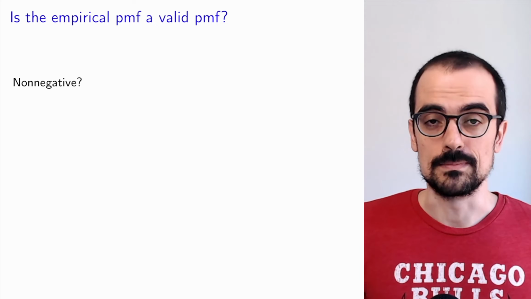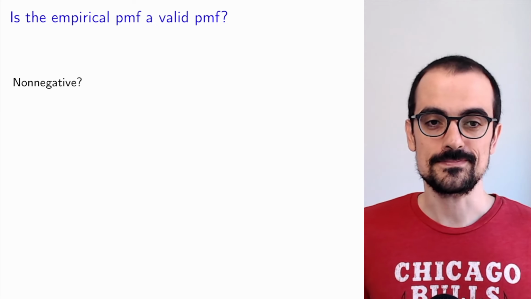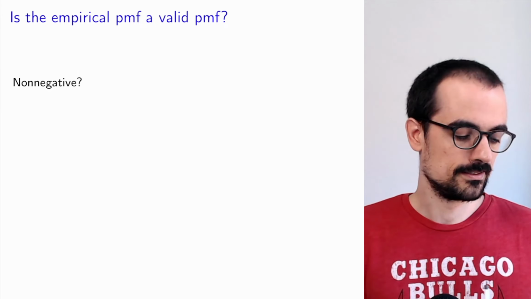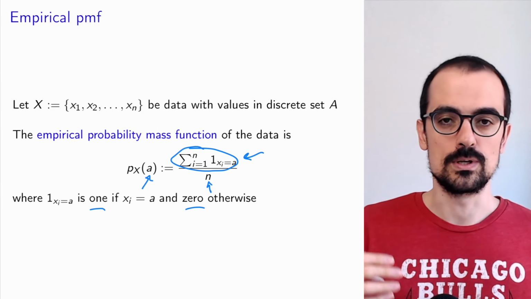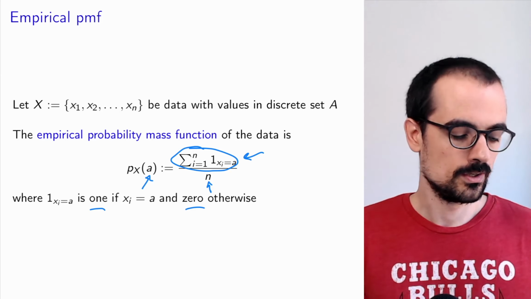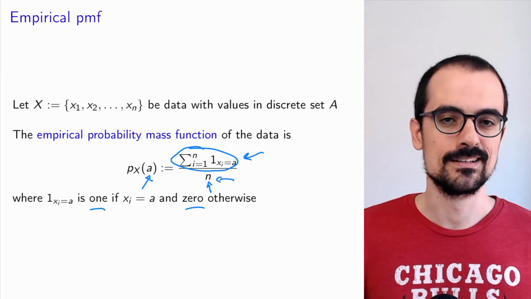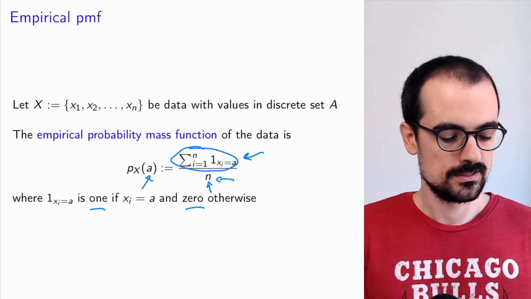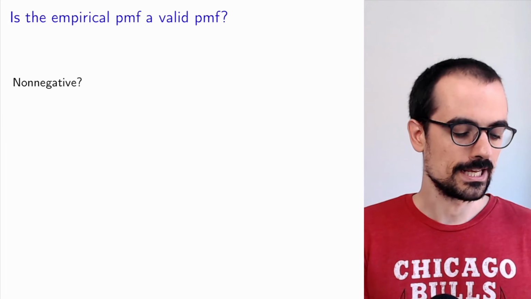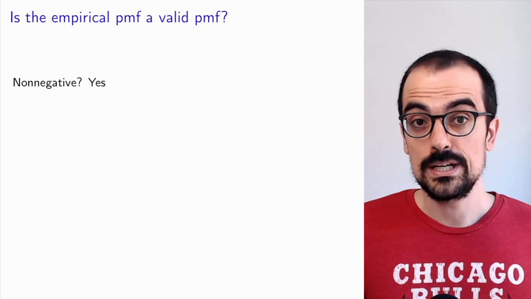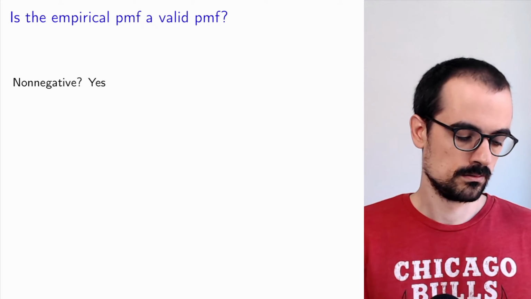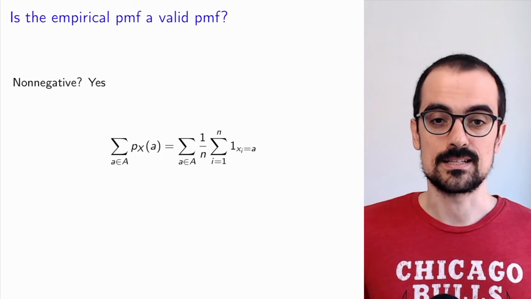So now you tell me, is it non-negative? Yes, right? Because if you look at the definition, we're dividing two non-negative numbers. We're always going to have a number n that is greater than 0. So yes, it's definitely non-negative. We also need it to add up to 1. Does it sum up to 1?